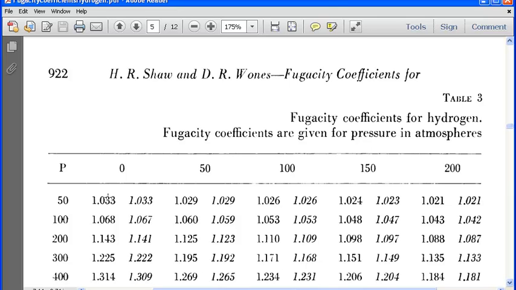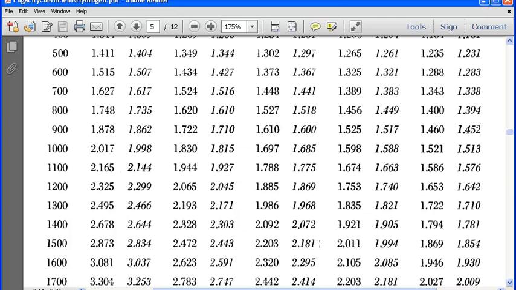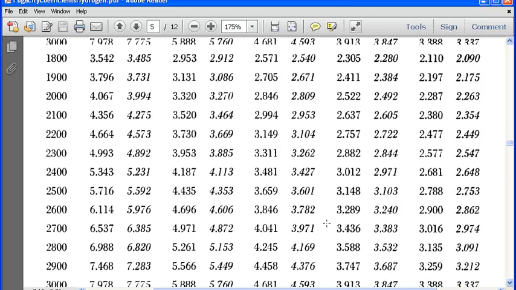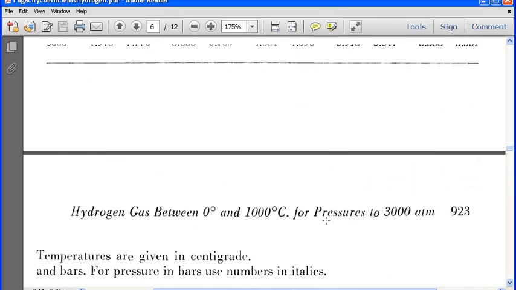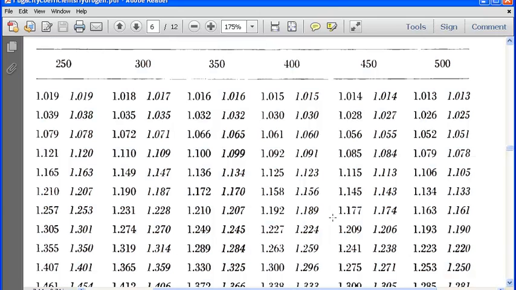What we see is the fugacity coefficient varies depending on what pressure and temperature you have. And for hydrogen, under these conditions, the fugacity coefficients are all greater than 1. Look at all that data. Cool.